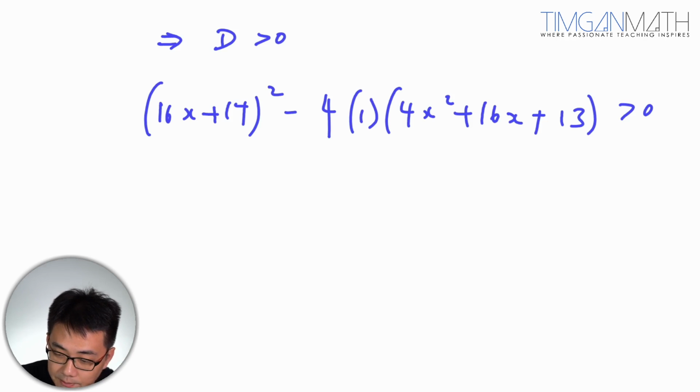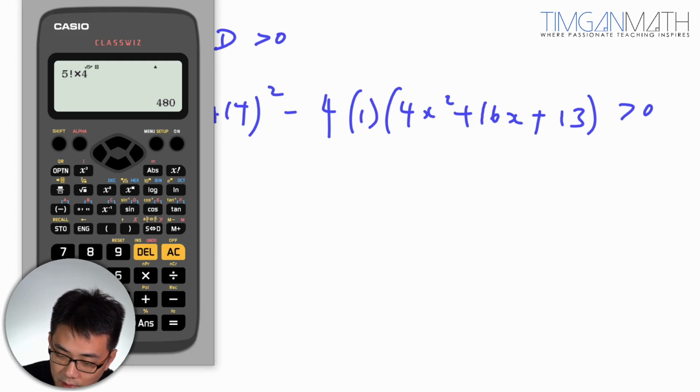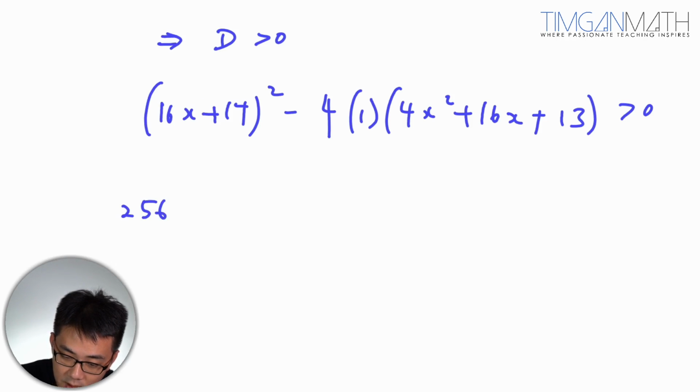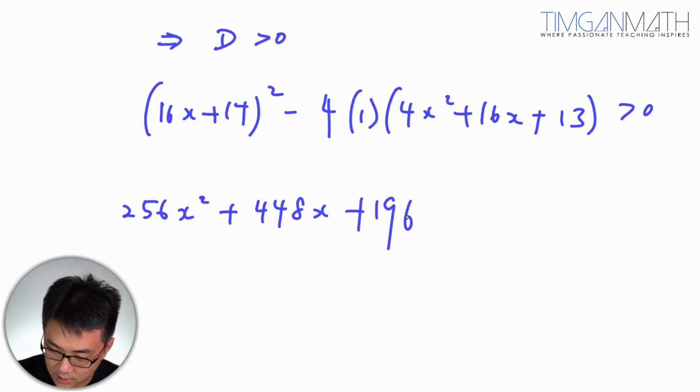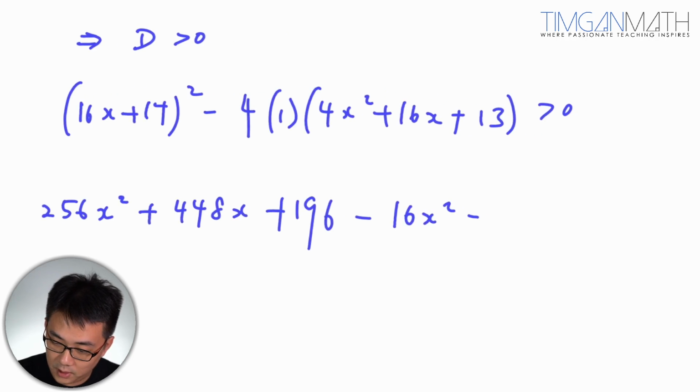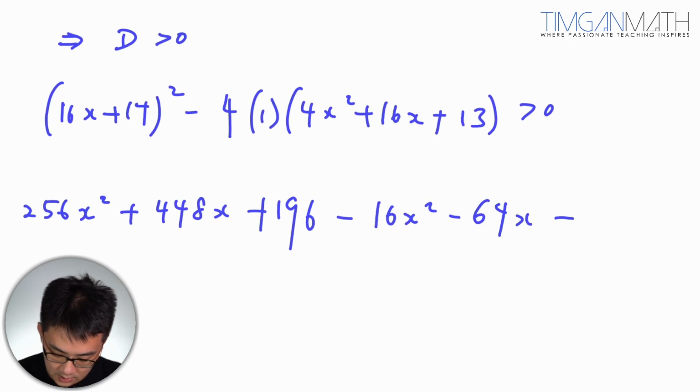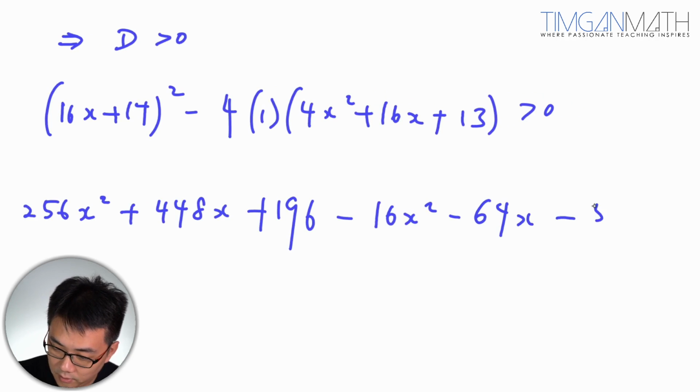So I'm just going to quickly expand 16 squared very quickly. 256x squared plus 16 times 14 times 2, 448x, plus 14 squared, that will be plus 196, minus 16x squared minus 4 times 16, which will just be 64x, minus 13 times 4, which will be 52.